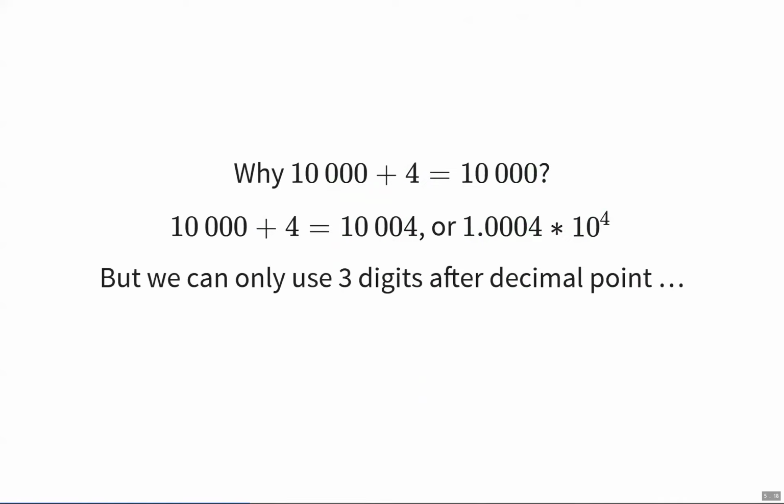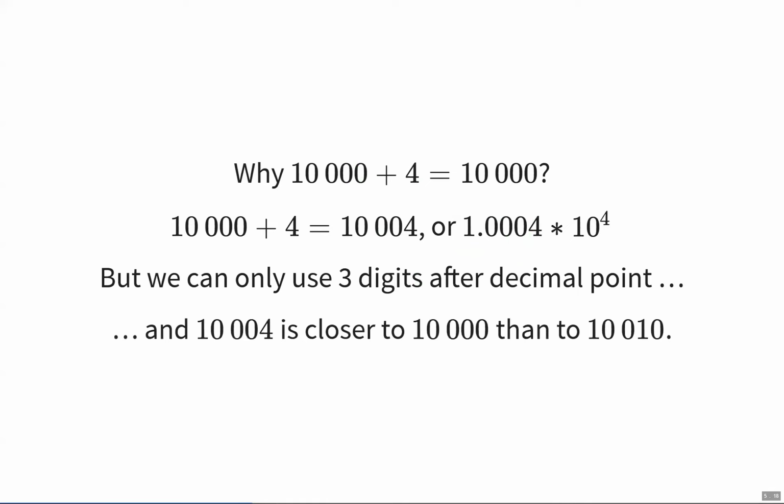We have 3 digits only. So we have to do rounding. And if we do the rounding, 10,000 is closer to 10,004 than 10,010 is. So it's simple. We just don't have the precision for this. So we fall back to 10,000.